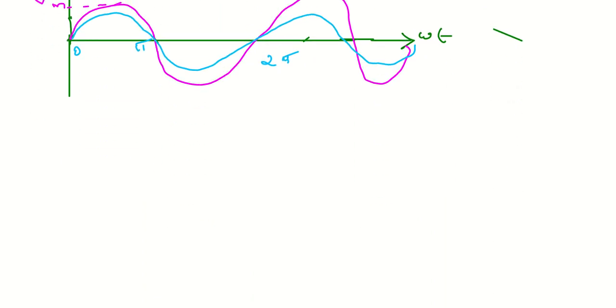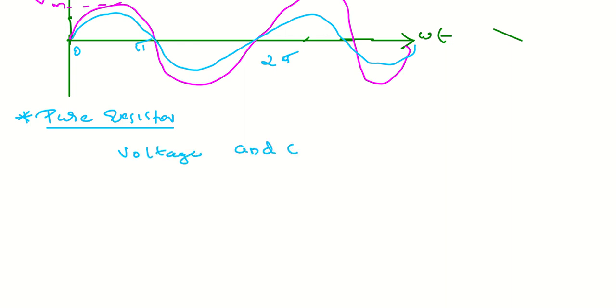Next we have to know about the phasor diagram. Before that, from this graph, what we know is that in a pure resistor circuit, the voltage and current are in phase. Why is it in phase?